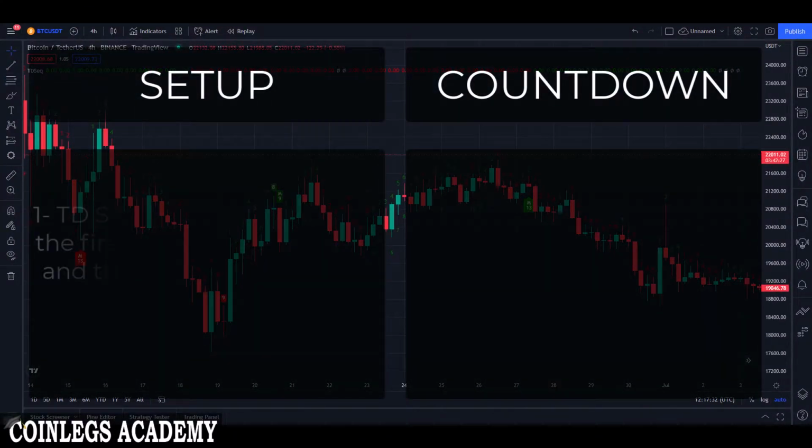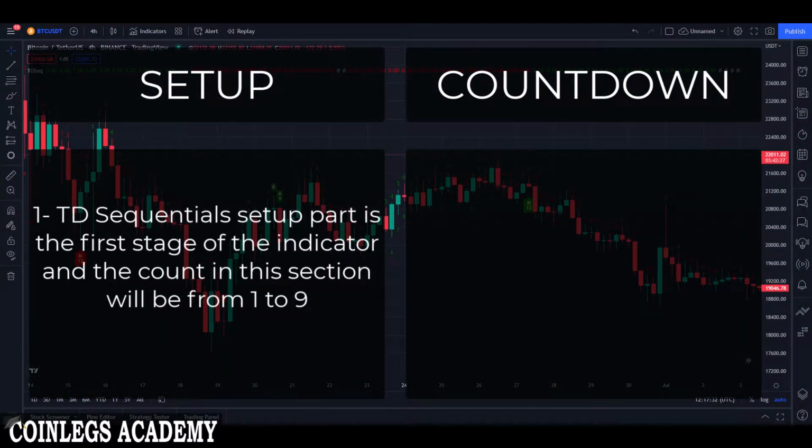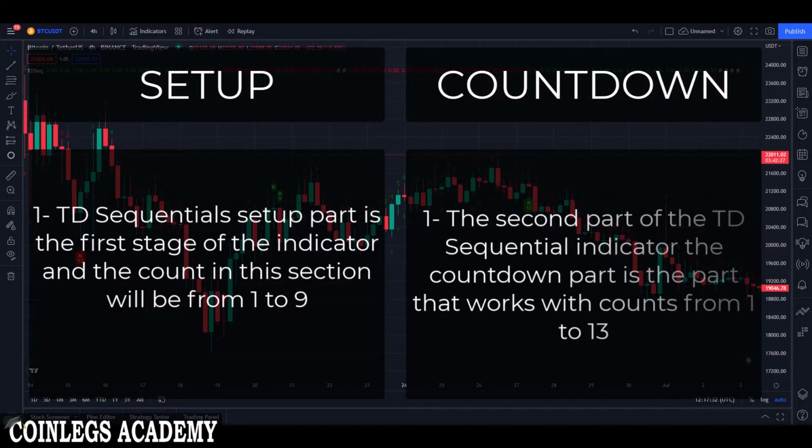The setup part is the first stage of the indicator, and the count in this section will be from 1 to 9. The second part, the countdown part, works with counts from 1 to 13.